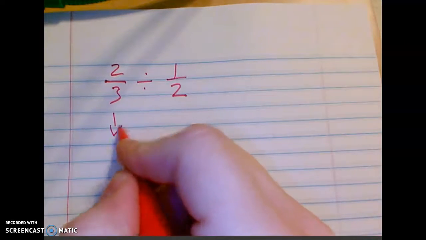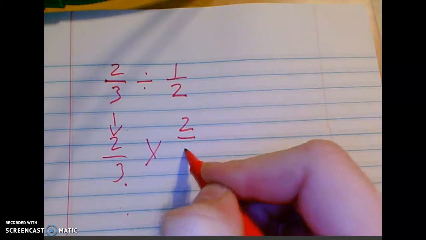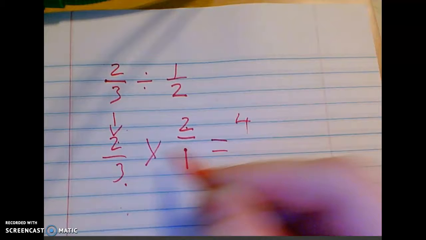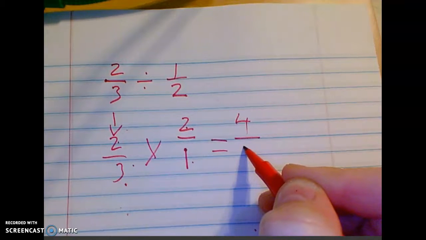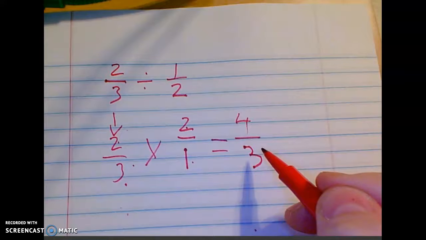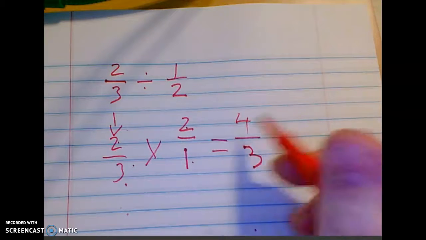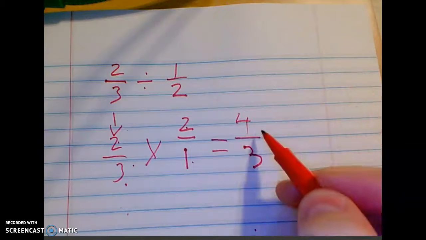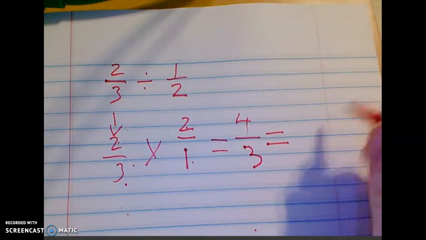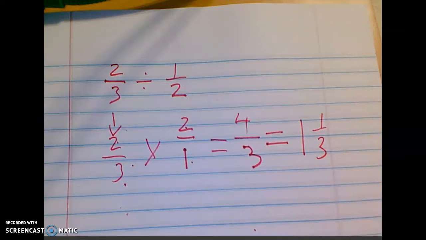So we're going to bring this down, change this to multiplication, flip. 2 times 2 is 4, 3 times 1 is 3, right? Now, we multiply 2/3 by the reciprocal of the second fraction, and we simplify our answer here. And again, if you have an improper fraction, I would love if you would change it to a mixed number. And this is going to be 1 and 1 over 3.